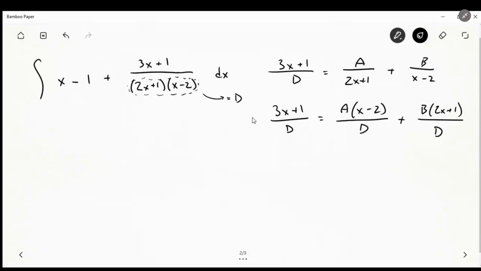So now we say we have a coefficient of 3, and we have coefficients here of A and 2B. And we have a constant of 1. We have constants here of minus 2A and B.